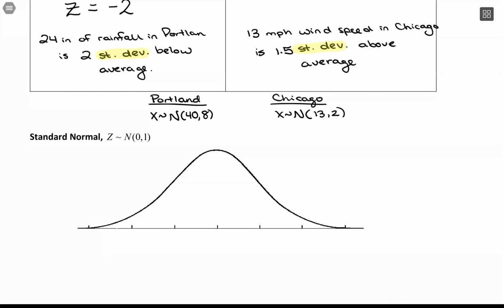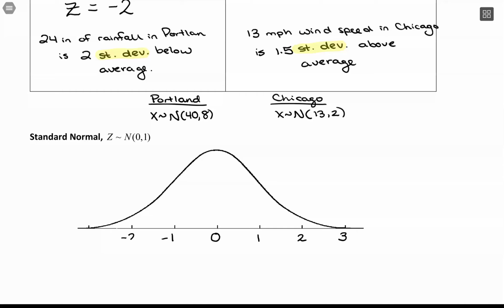But by changing into z-scores, now we can map them on the same number line. Instead of using the 40s and 8s or the 13s and 2s, now we have our bell-shaped curve built around z-scores.